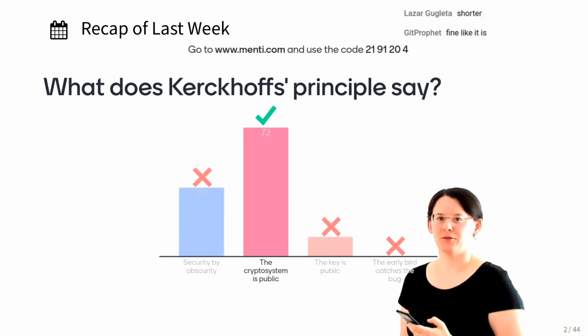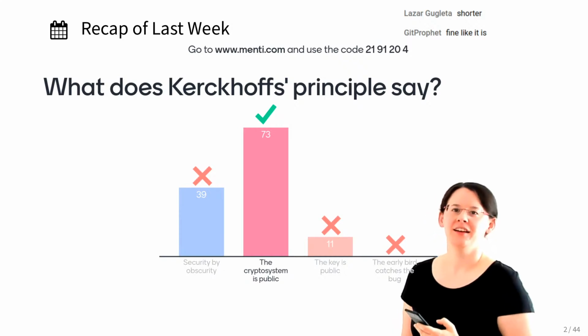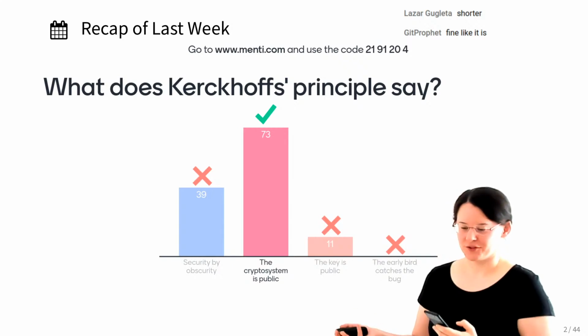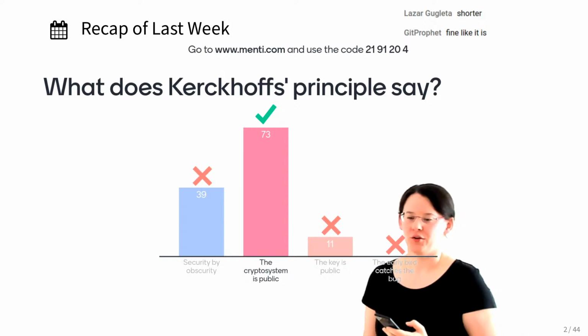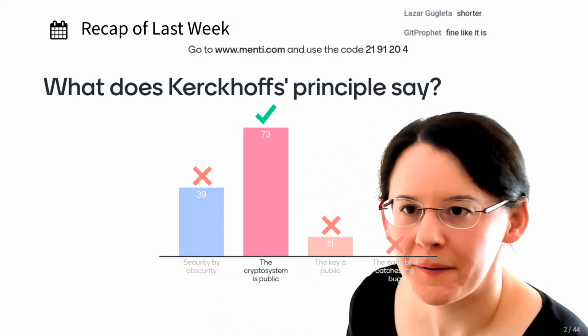Oh, here we have a bit of a more varied opinion. Still, most of you guessed the right answer, which is that the algorithm should be considered public. I also often summarize it as the open source cryptography principle. The code or the implementation and the specification of the algorithm should be public.